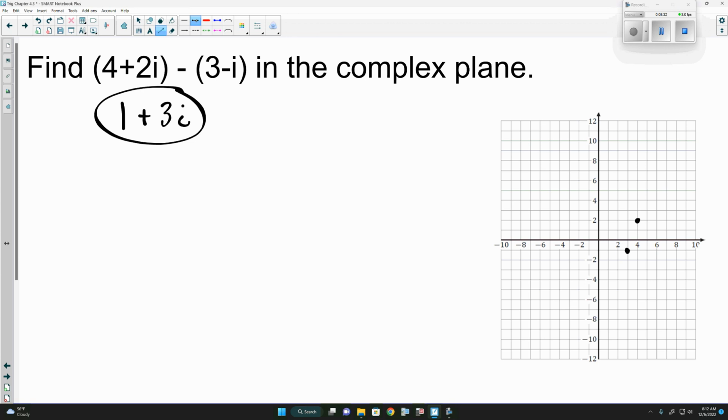So again, using a little bit of a cheat.